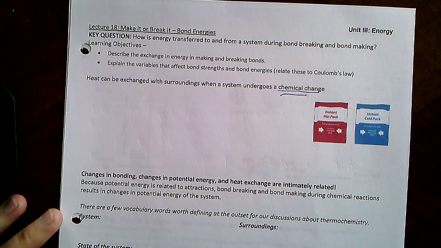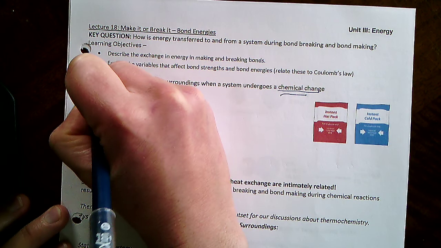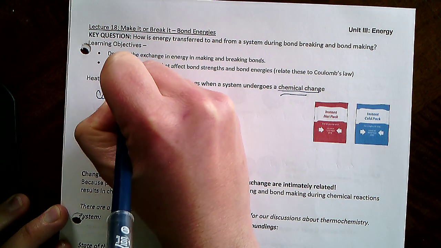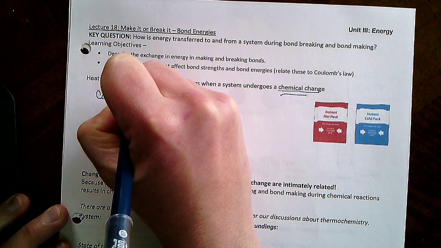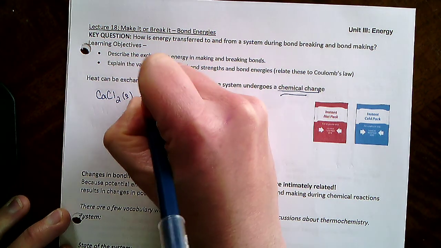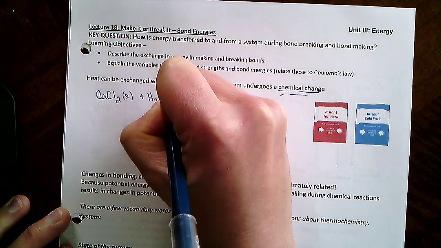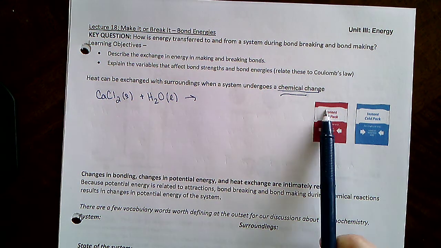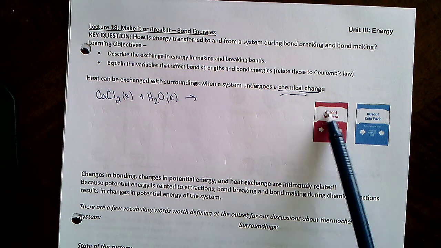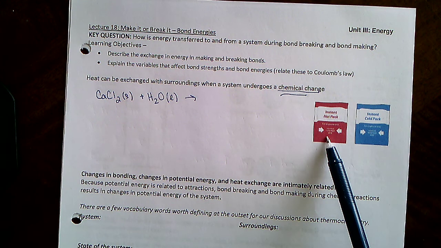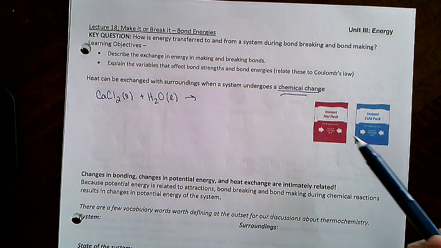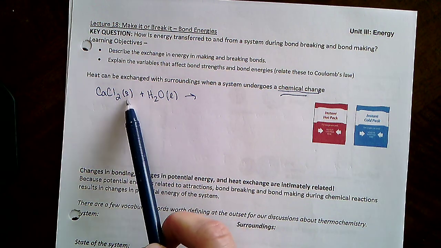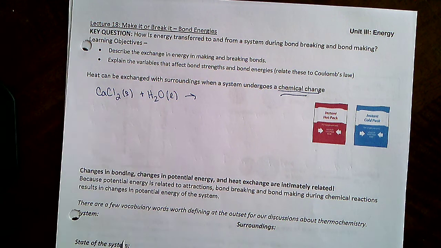Okay, so a hot pack involves calcium chloride, and it's a solid inside the hot pack, and there's water often inside the hot pack. And the calcium chloride, similar to the airbags lab, is separated from the liquid water, but when you crunch these things, you end up breaking the seal and allowing the calcium chloride and the water to mix.